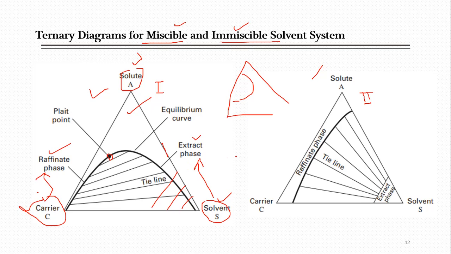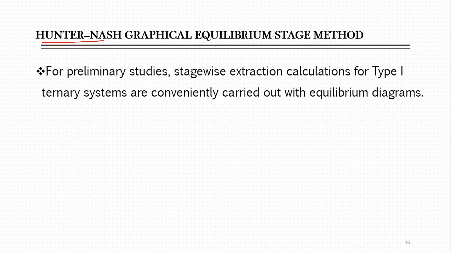Now when you are done with this system, we have to use these diagrams for the calculation of the number of stages. The method we are going to use is the Hunter-Nash graphical equilibrium stage method. In this method we will study stage-wise extraction calculation for type 1 ternary systems.